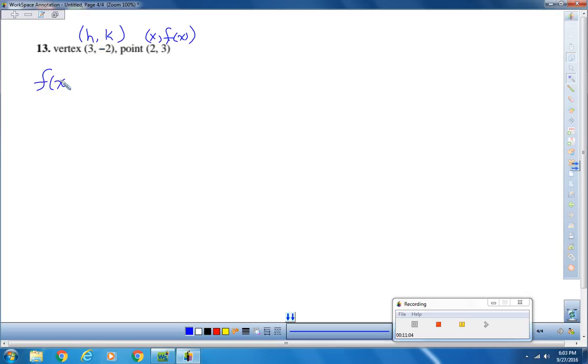F of x is equal to a x minus h squared plus k. Remember the vertex form. Now I know we don't have to write this out every time, but it helps. It'll help us remember the equation. Now we substitute our values in.